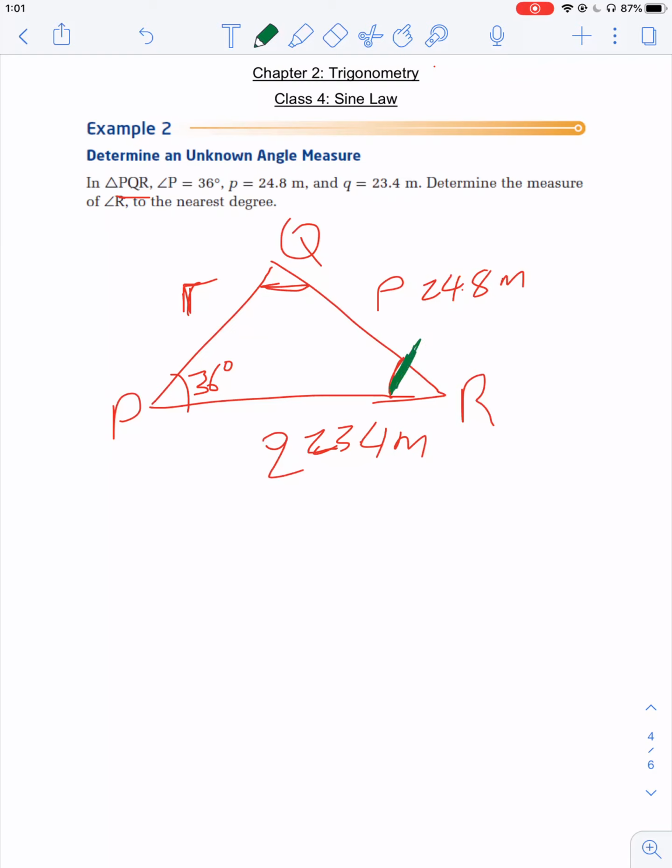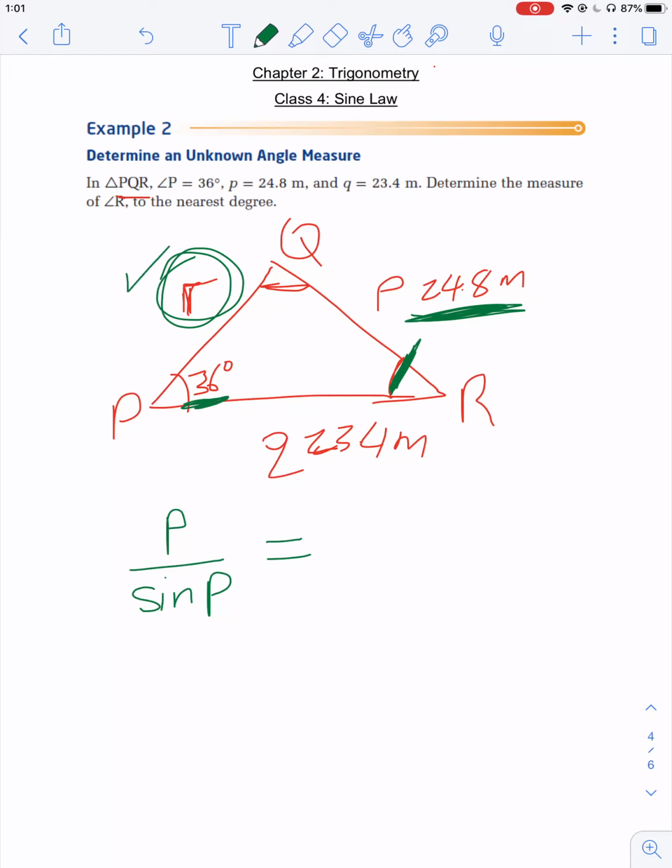So we have an angle and we have a side opposite to that angle. So we're just going to change the formula. P over sine P is equal to... now they are asking me to find this angle, but I don't know what the side opposite to that is. So I don't have this information and I don't know what the angle is.